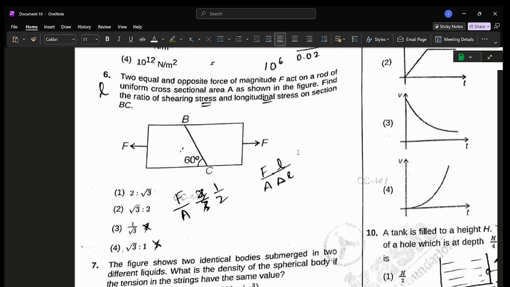They're asking the ratio of shearing stress and longitudinal stress. I think longitudinal stress, first up, there's no values given except one that you can find there. Okay, let me just check. Okay, so if that was the thing, then tan 60 is how much?